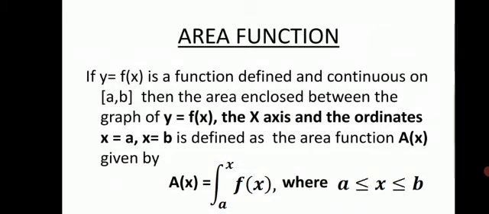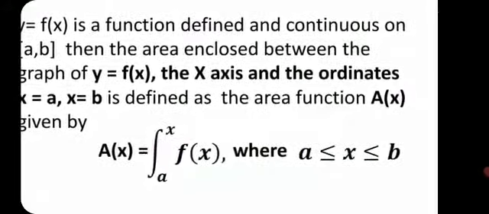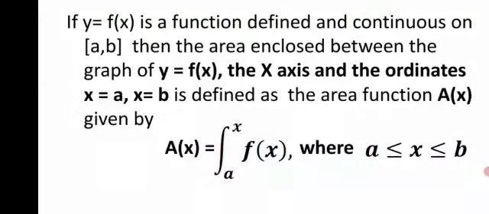If y equal to f(x) is a function which is defined and continuous in closed interval [a, b], then the area enclosed between the graph of y equal to f(x), the x-axis and the ordinates x equal to a and x equal to b is defined as the area function, and I have denoted the area function by capital A of x.